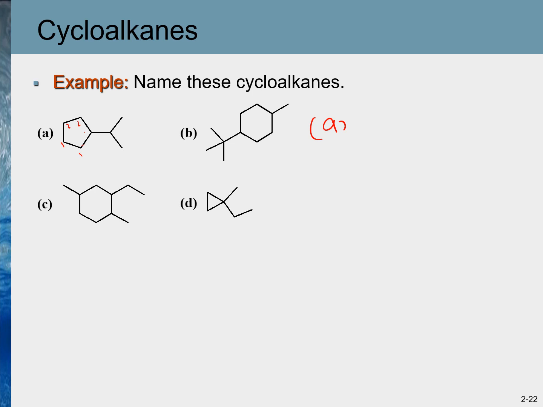We don't have to number it because it has only one substituent, but to know how many carbons there are, it is a good idea to number it. Now the name of this substituent is isopropyl, so the name of A will be isopropylcyclopentane.